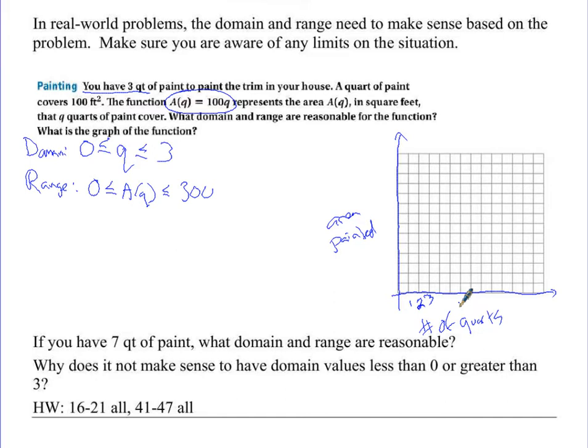We got to make it to 300, right? So let's see. 25, 50, 75, 100, 25, 50, 75, 200, 25, 50, 75, 300. 25s actually works. So we'll go by 25s. And I'm going to mark hundreds. Here's 100, here's 200, here's 300.